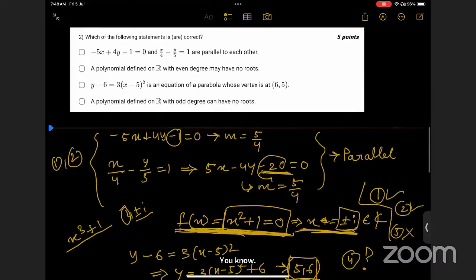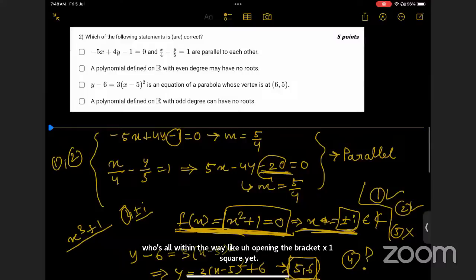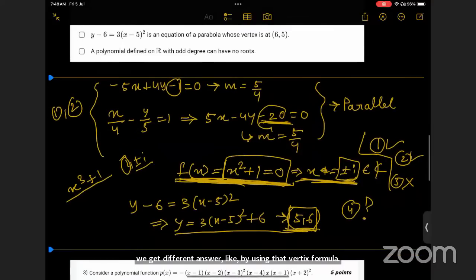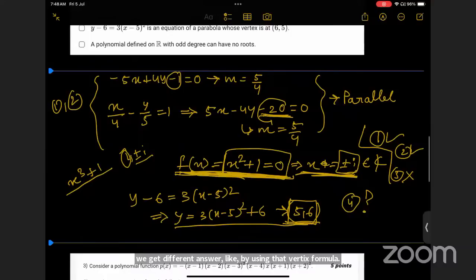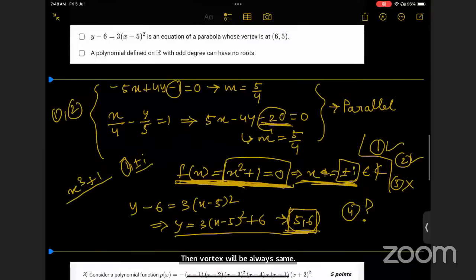Ma'am, we solve it by opening the bracket, x minus 5 whole square, so we get a different answer than by using the vertex formula of minus b by 2a. You can use any formula, the vertex will always be the same.